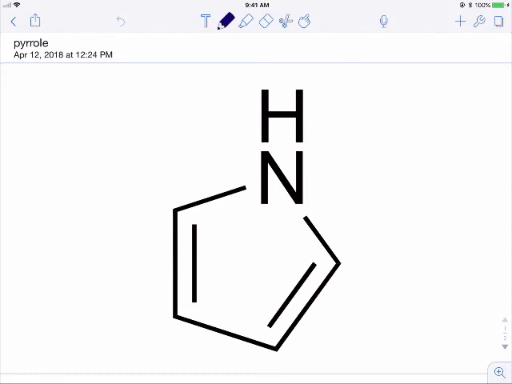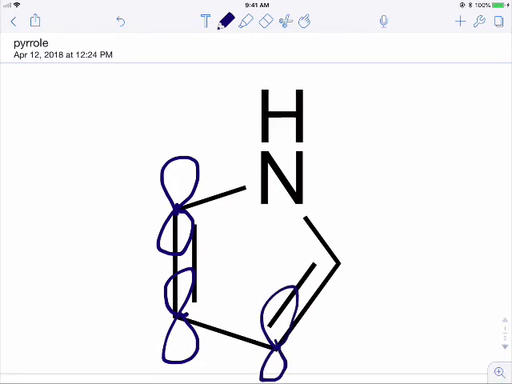Well, again, we've got a p orbital on that sp2 carbon, a p orbital on that sp2 carbon, a p orbital on that sp2 carbon, and a p orbital on that sp2 carbon. Great. That's 4 p orbitals. We have a conjugated system, but it's not fully cyclic. We don't have that complete racetrack yet.